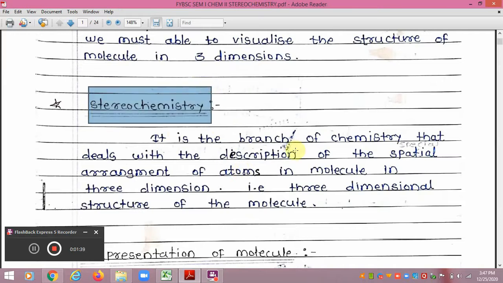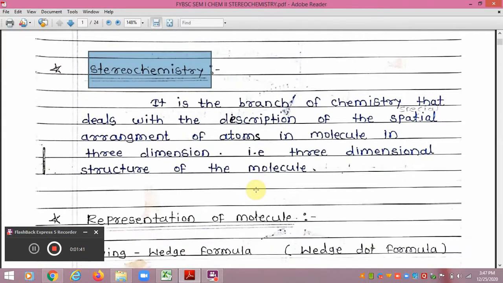So here, dear friends, in order to know the three-dimensional structure of the molecule with the help of 2D representation, we are going to use a branch of chemistry, and that branch is called stereochemistry.